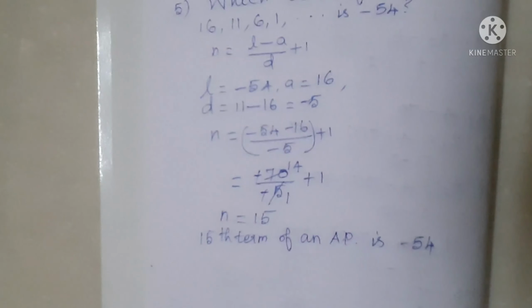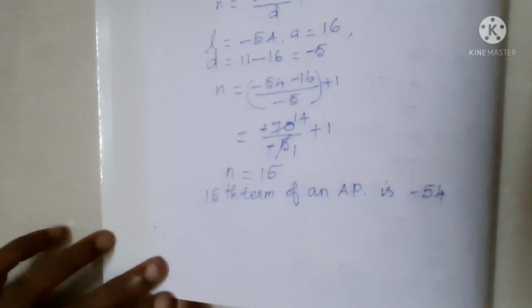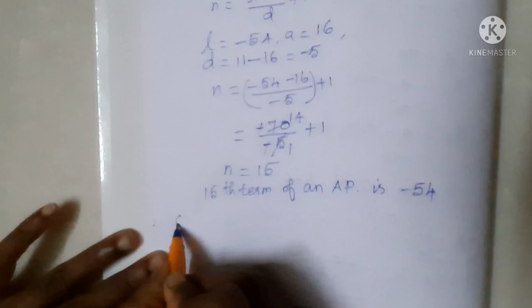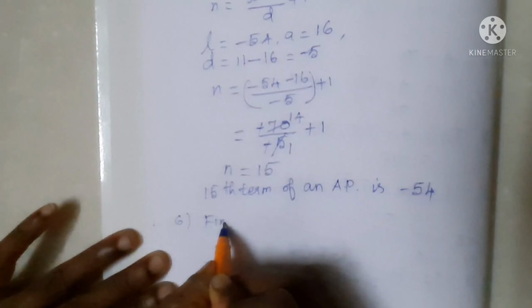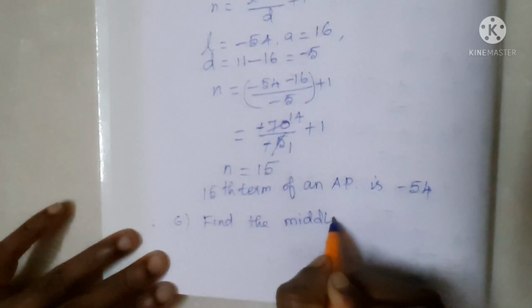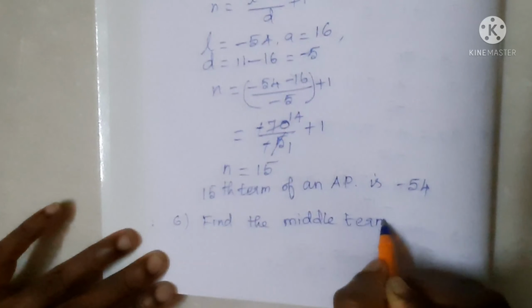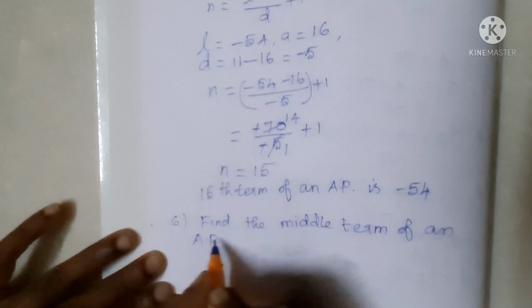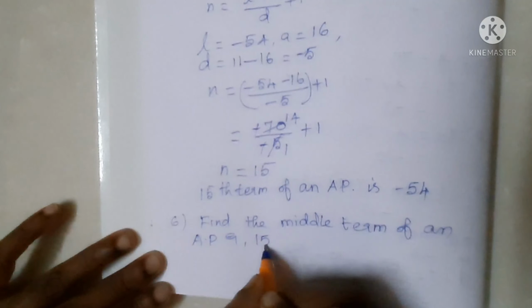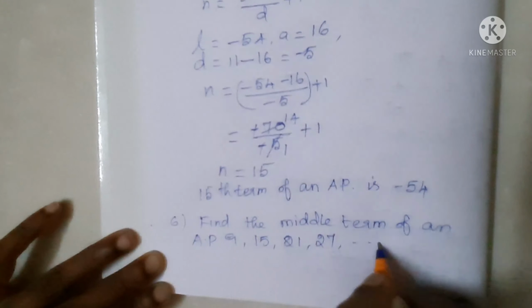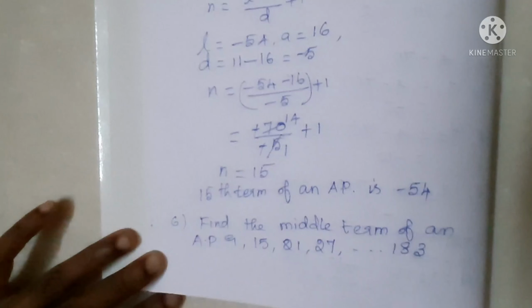So the next one, sixth one, you find the middle terms of an AP. So here you see, find the middle term of an AP: 9, 15, 21, 27, etc. up to 183.